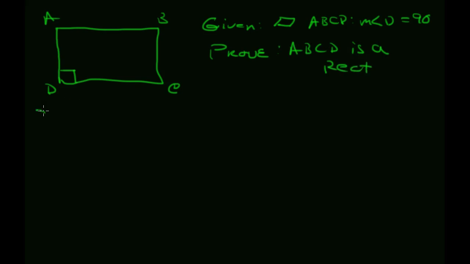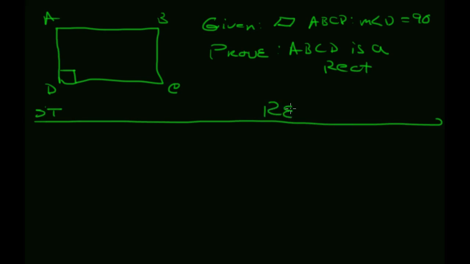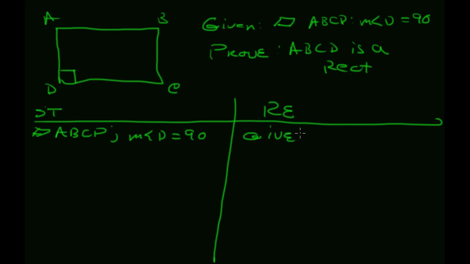All right, so let's start the proof. Right off the bat, let's put down that parallelogram ABCD, and the measure of angle D is 90 because that is given to us, right? So that should be straightforward.